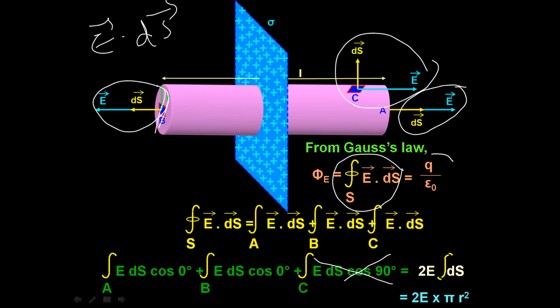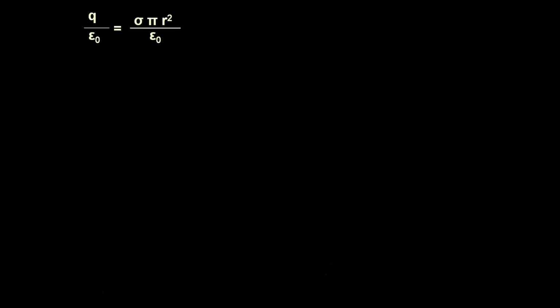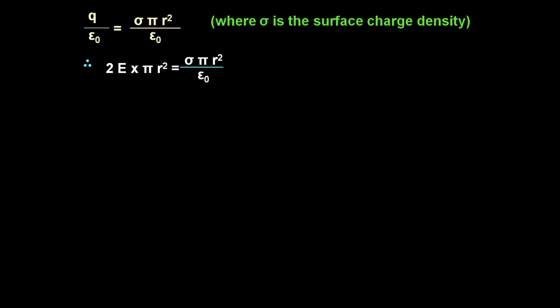Now we have to find out what is going to be Q by epsilon 0, which can be written in terms of surface charge density. As I told you, Q is sigma into A. A means pi r square. Here sigma is nothing but surface charge density. So you can equate the LHS and RHS. LHS we already got, it is 2E into pi r square, and RHS is going to be sigma pi r square divided by epsilon 0.